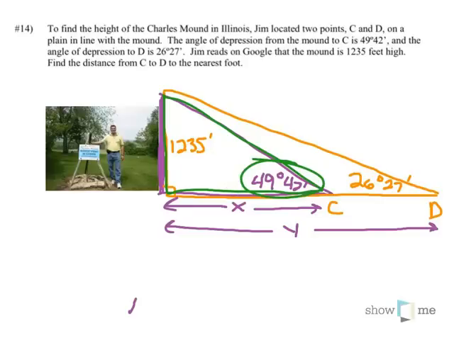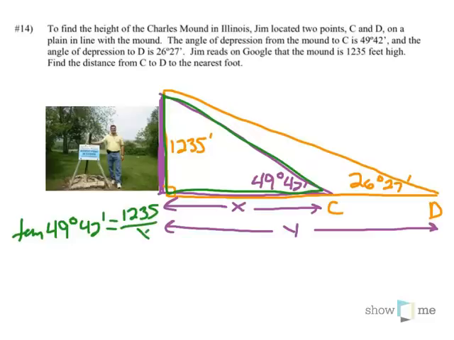So we can say tangent of 49 degrees, 42 minutes equals the opposite leg over the adjacent leg. We multiply both sides by x to separate our fraction, and divide both sides by tangent of 49 degrees, 42 minutes.